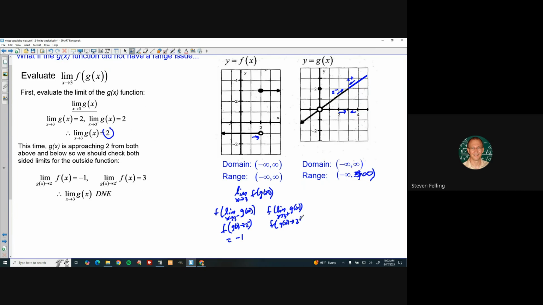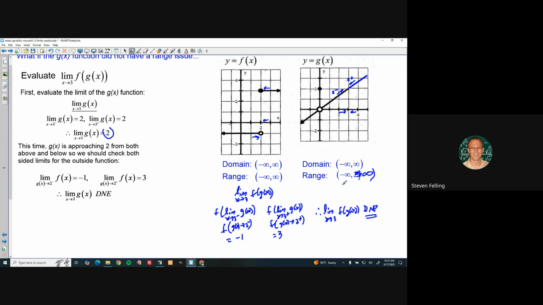So that's approaching 2 from the right. And then if we're plugging that number that's approaching 2 from the right into f, that means we're on this side, which means we're approaching the number 3. So the left limit would be -1, the right limit would be 3. Therefore, we have to declare the limit as x approaches 3 of f of g of x, without specifying a direction, does not exist.